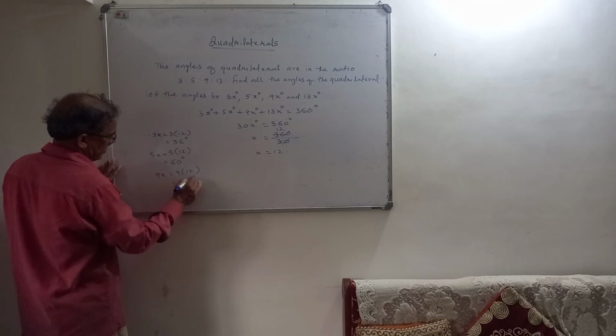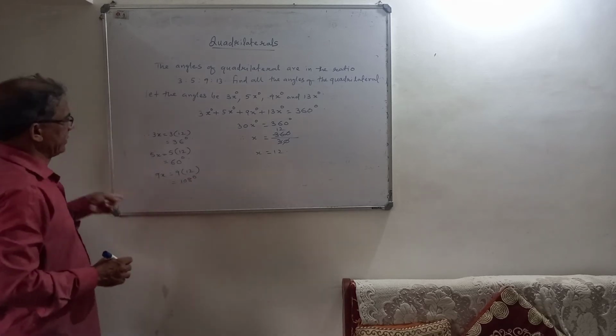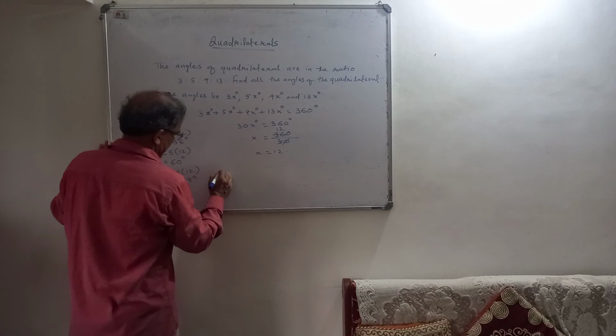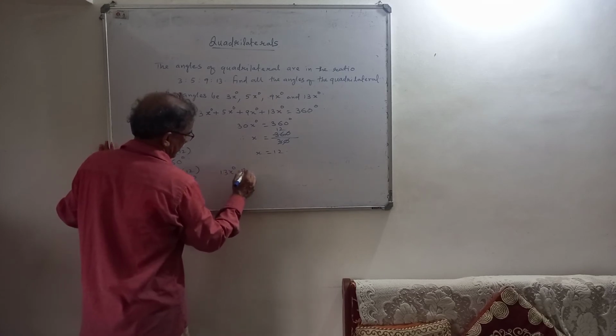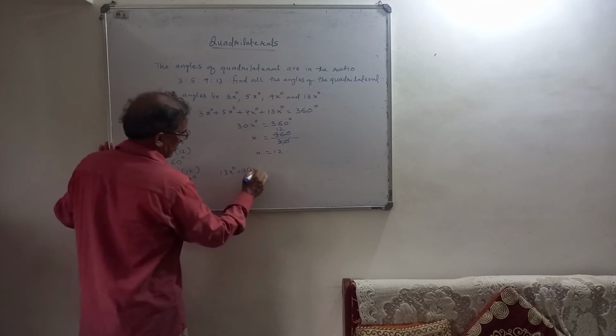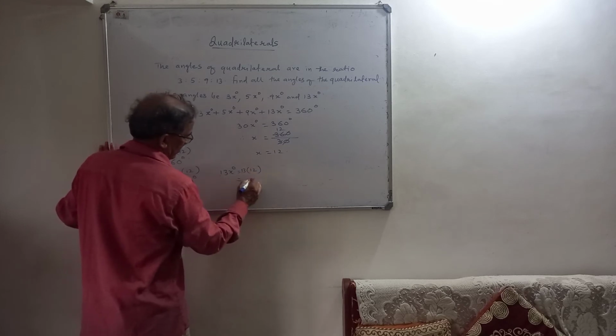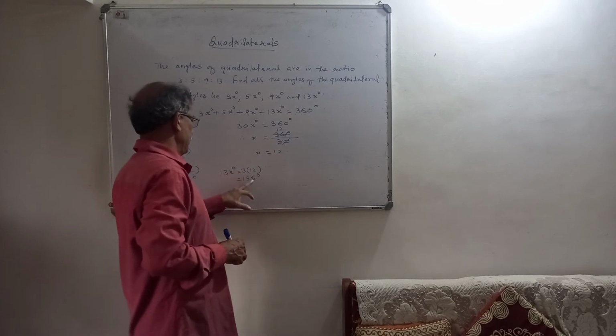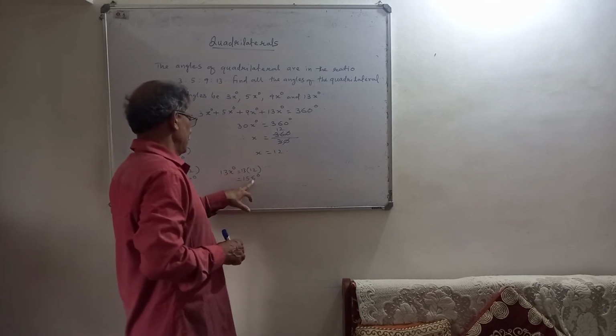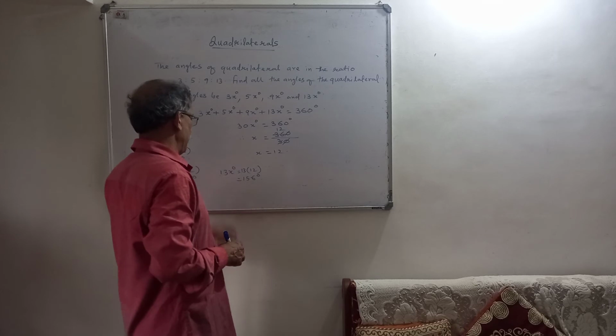So that is 108 degrees. And the fourth angle is 13x degrees, that is 13 into 12, which is 156 degrees. 12 threes are 36, 3 remains, 12 ones plus 3 gives 156.